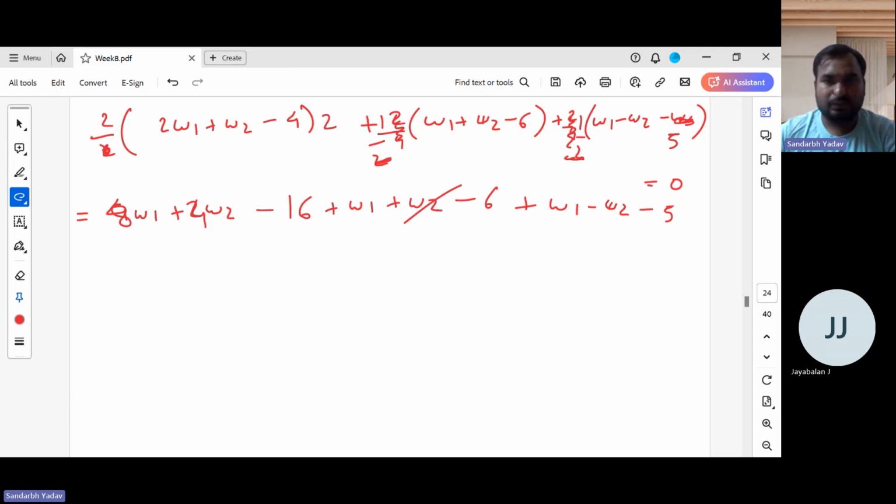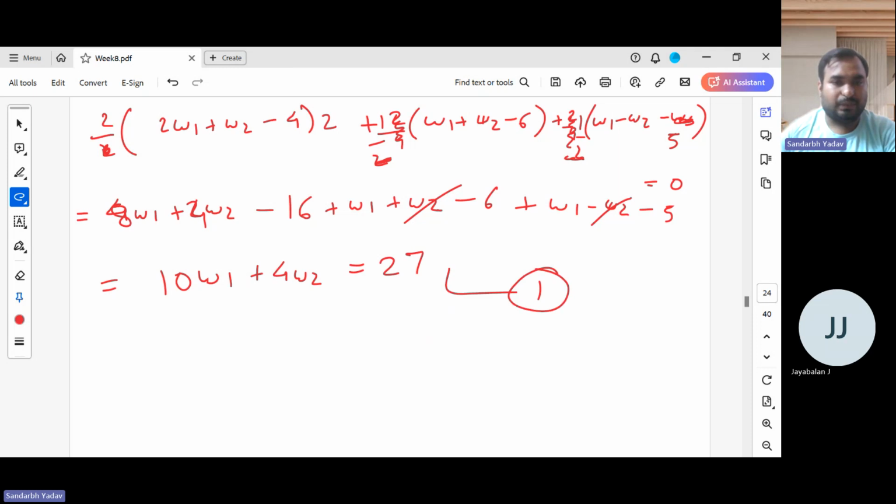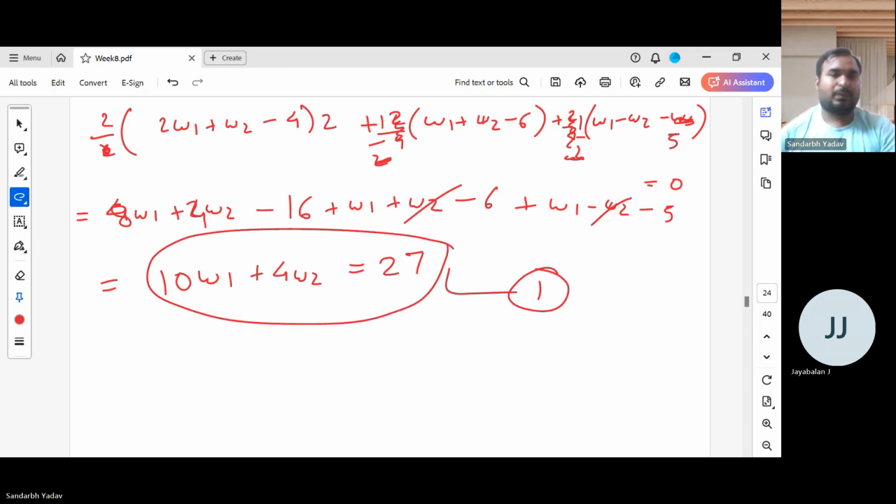So essentially the W2 terms cancel from here and it becomes how much? 8, 9, 10: 10W1. W2 remaining are ones plus 4W2, minus 16 minus 6 is 22, and 5 is 27. So essentially you get this on that side. This is our first equation between W1 and W2.